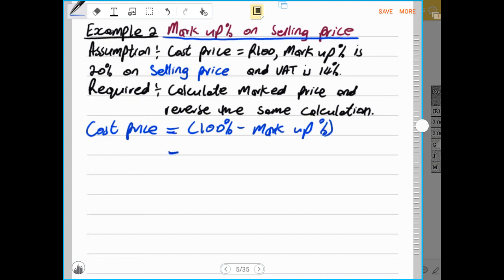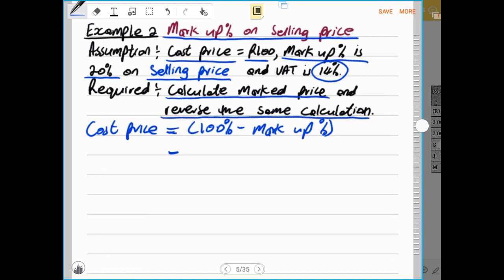So now that means in this case, we have the scenario which is the same, where the cost price is equal to 100 rand and the markup percentage is 20% on the selling price, and VAT still remains constant at 14%. Then now we are doing the same calculation to calculate the marked up price and to do the reversal of the same calculation where we go backwards to determine the cost price before everything was added.